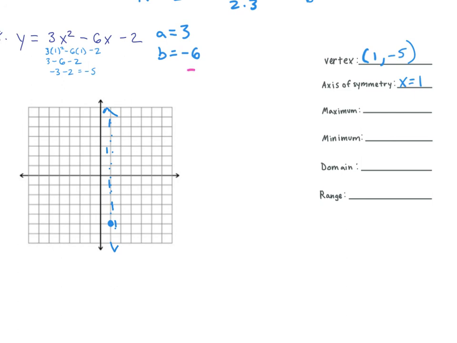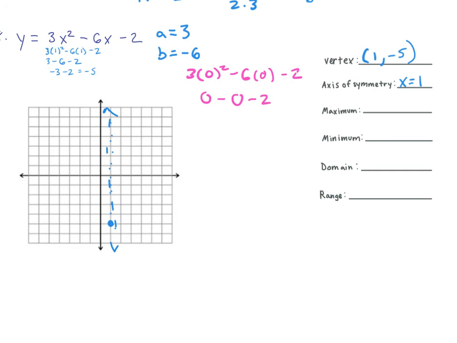So we have 3 times 0 squared minus 6 times 0 minus 2. What's 3 times 0? 0. What's negative 6 times 0? 0. And then negative 2.